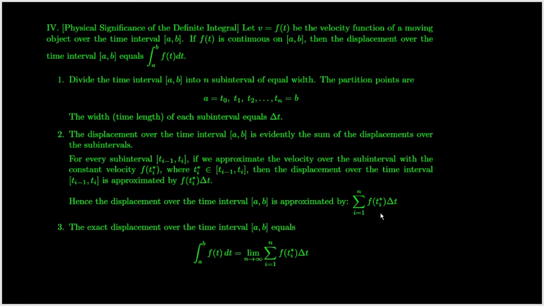It's a Riemann sum. So we can see the larger the value of n, the better the approximation. So the exact value can be computed using the limit of the Riemann sum as n approaches infinity, which is the definite integral of the velocity function from a to b.